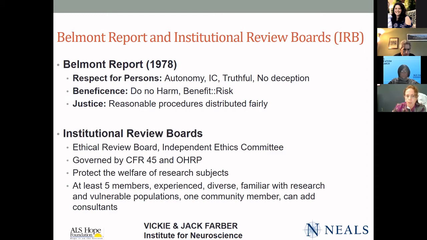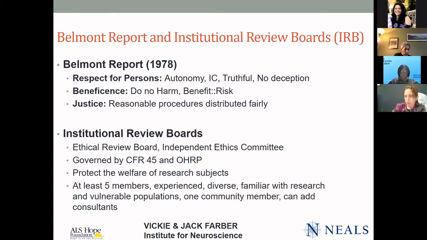So the institutional review board is an ethical board, which is an independent committee from any kind of hospital affiliation. I mean, they should have enough autonomy to decide independent of the hospital.